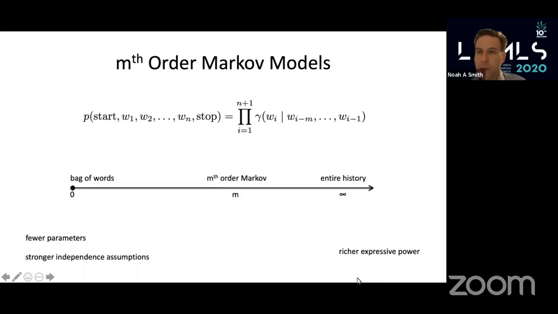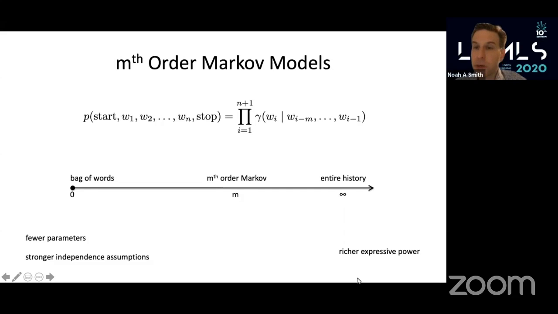Now, you may have the sense that we can generalize these ideas, and in fact we can. So here's the very general formulation of mth order Markov models. I'm using M to denote the Markov order, which is the number of words in the most recent part of the history that you consider when you generate the next word.